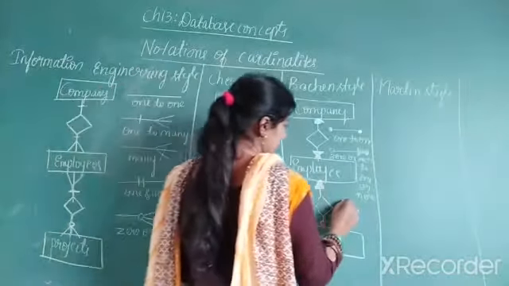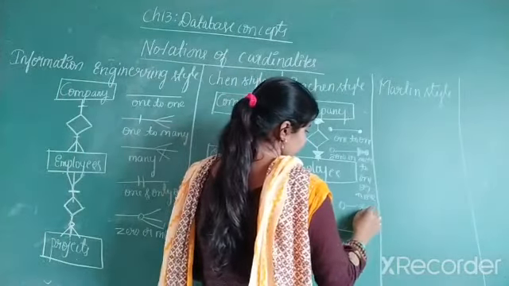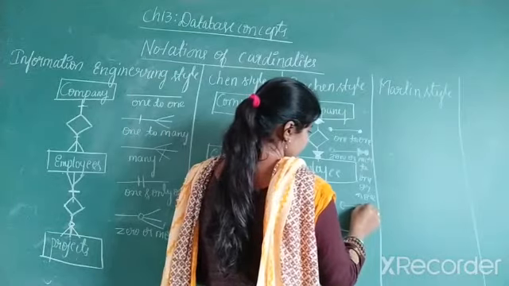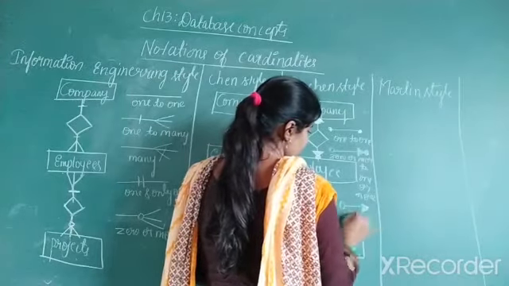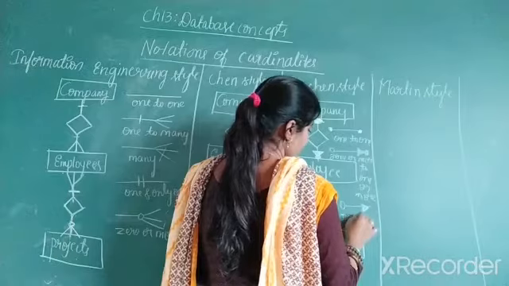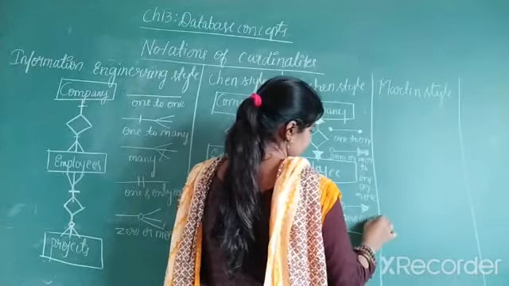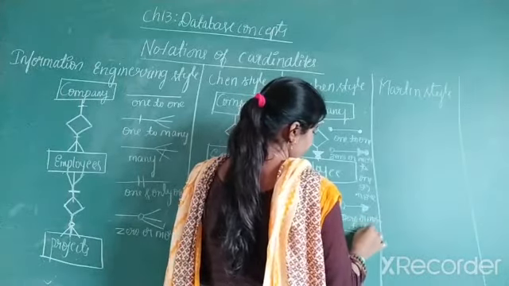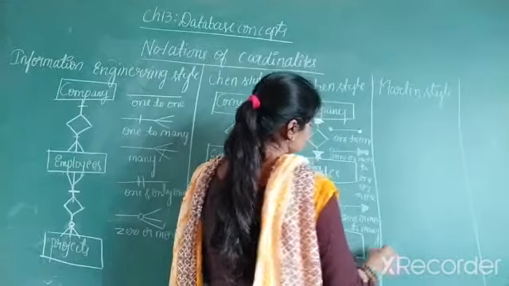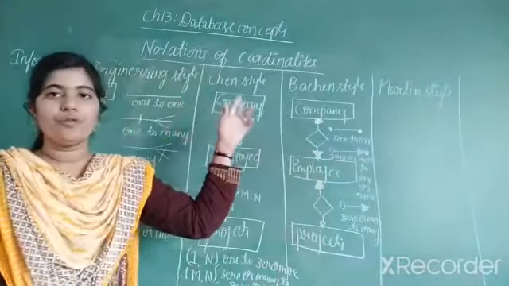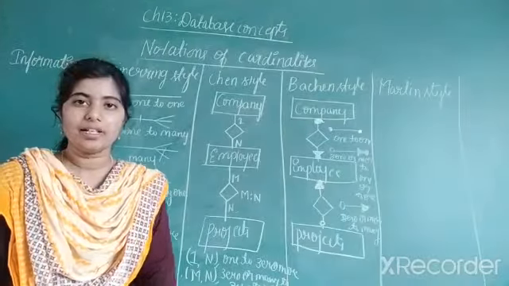And if you are writing like this, this indicates 0 or more to many relationships. So this is the representation of Bachman style of cardinality notation.